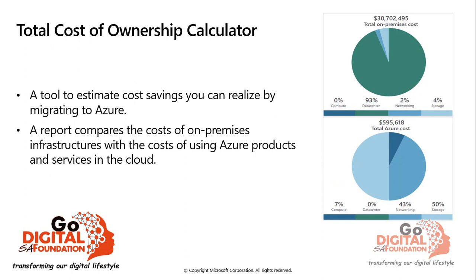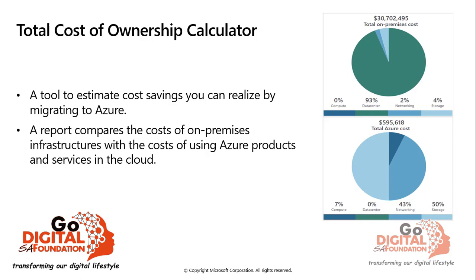There's also a total cost of ownership calculator. So there are two calculators: the pricing calculator and the total cost of ownership calculator. The total cost of ownership calculator is a tool to estimate the cost savings you can realize by migrating to Azure. It helps you understand the difference between using an on-premises infrastructure and a cloud-based infrastructure.